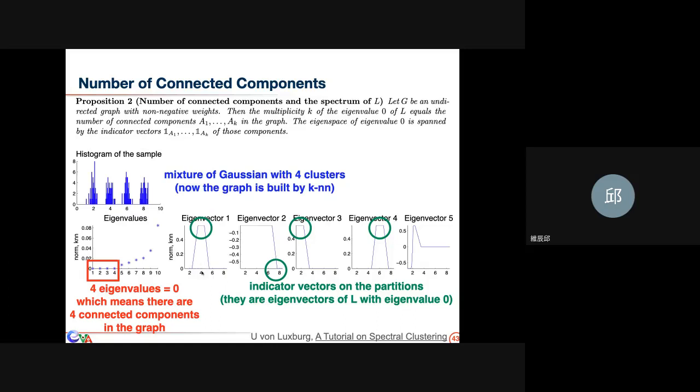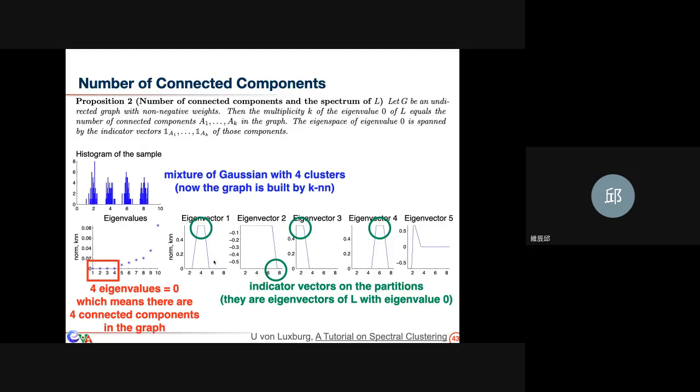But for those data points whose values are around 4, their corresponding element in the eigenvector will be a positive value.